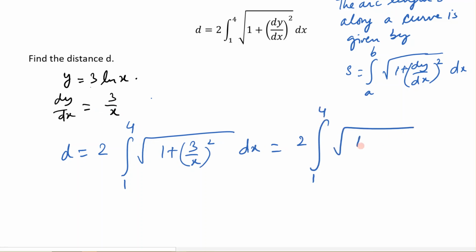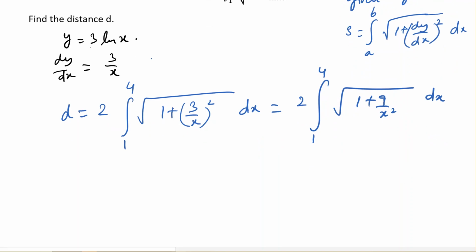Inside the square root we have 1 plus 9 over x squared, and we can take the common denominator, so our integral becomes square root of (x squared plus 9) over x squared.